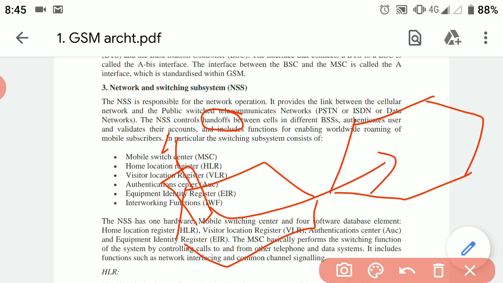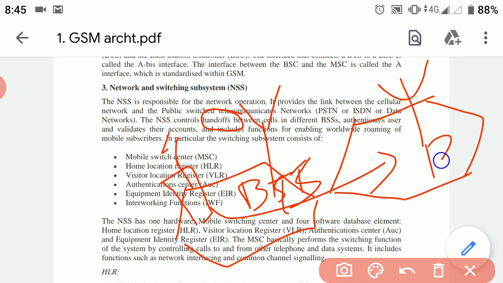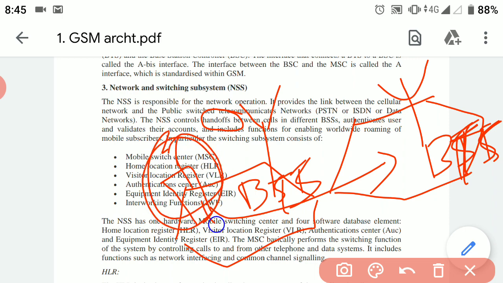This cell has its own BTS and its own frequency, and the other cell has its own BTS and a different frequency. So these two cells have different frequencies, and a mobile user is traveling from cell number 1 to cell number 2.